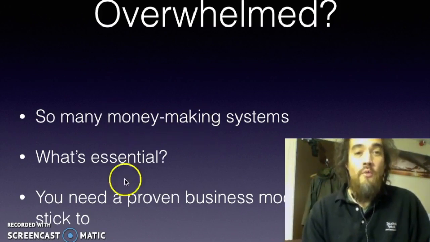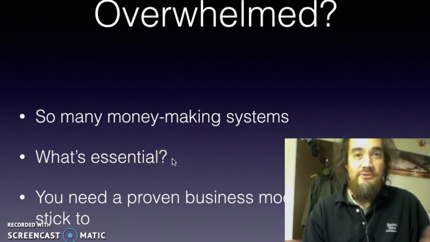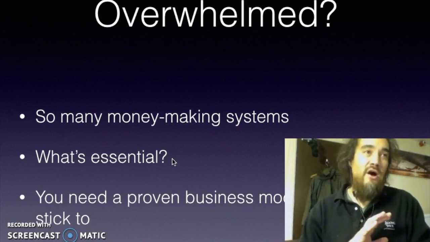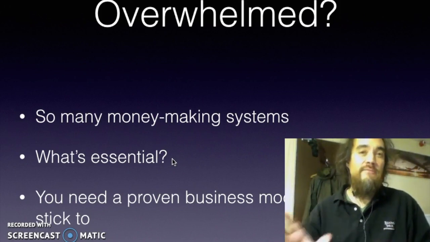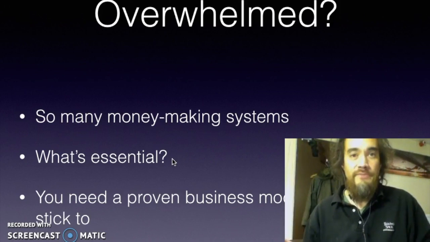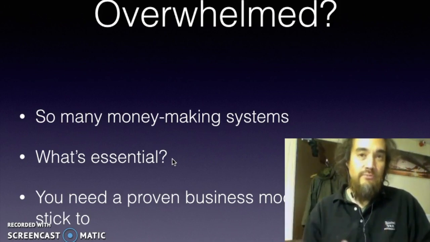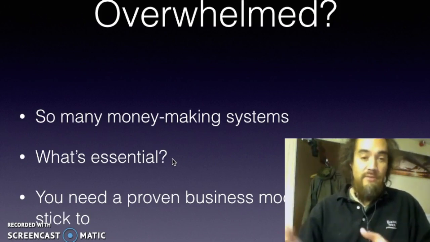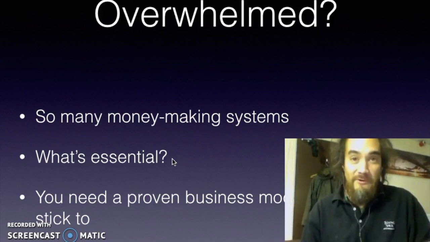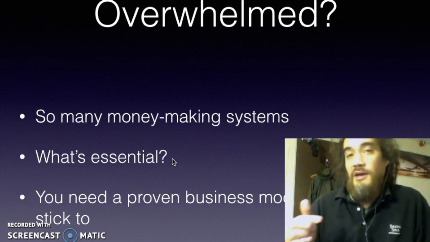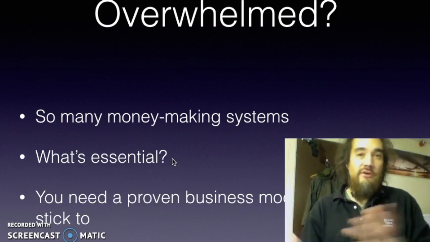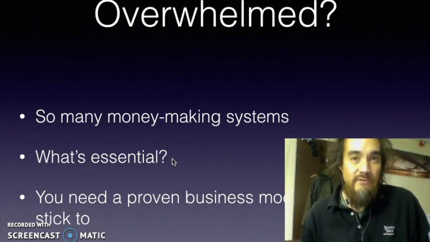You need to know what is actually essential to setting up your system, because the truth of the matter is that all of the systems fall into only a few categories. And the system that is most appropriate for a solopreneur, somebody who's just working on your own business from your sofa or in a cafe or whatever, there are certain systems that would actually be most appropriate if you're not interested in having a huge team of people and stuff.